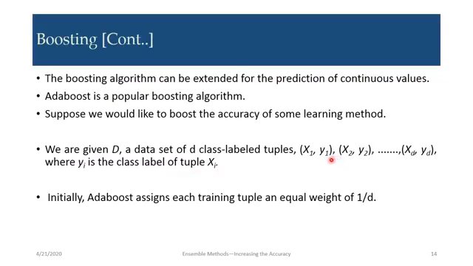So x1 is a data tuple and y1 is the class label of that data tuple. Initially AdaBoost assigns each training tuple an equal weight, that is 1 by d.